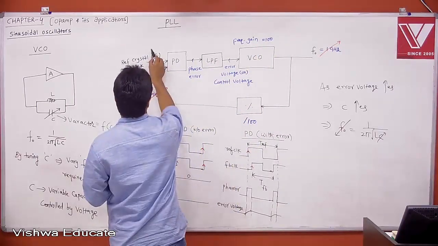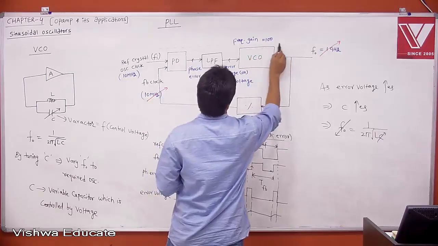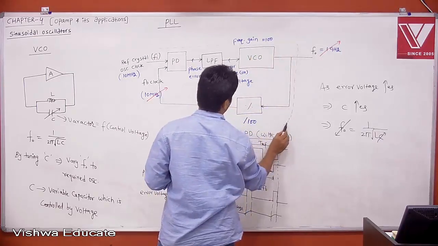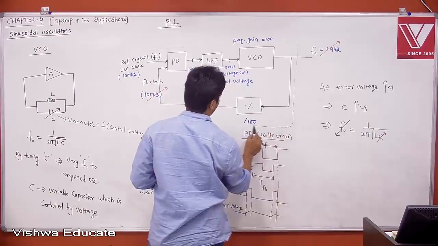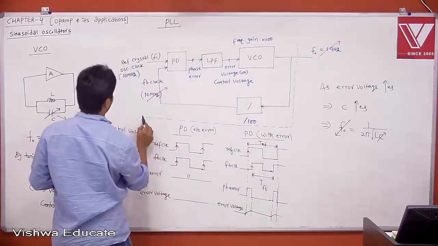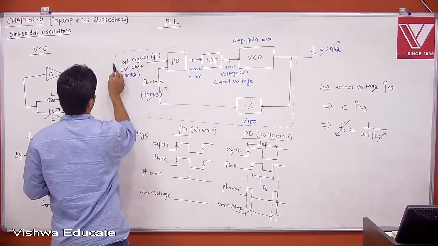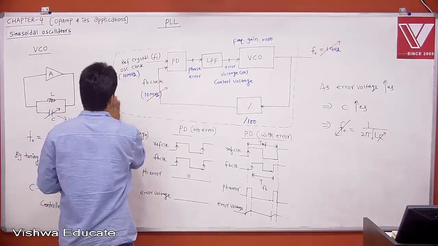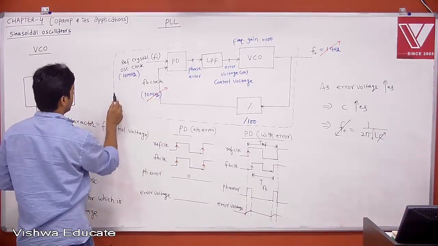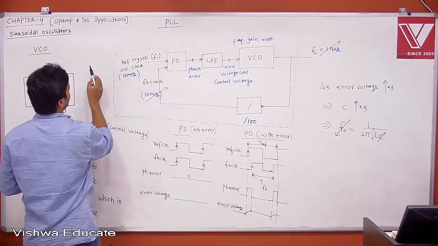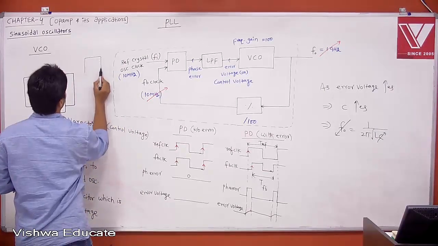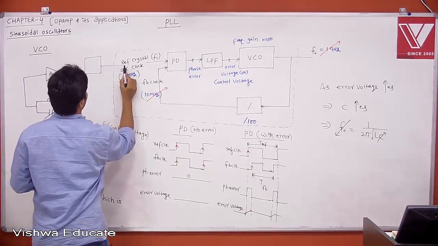If I take the overall feedback, it has a frequency gain of 100. Now the reference clock which we are getting, we are getting from outside. This is from the crystal oscillator. Therefore, the crystal oscillator will give you the clock.